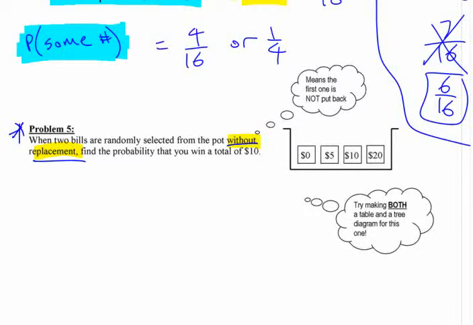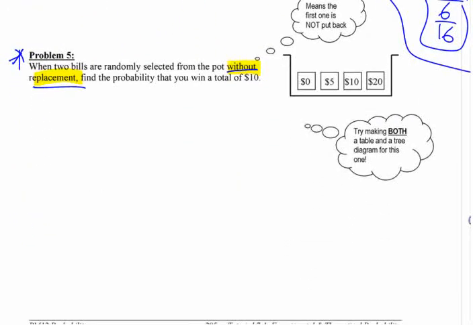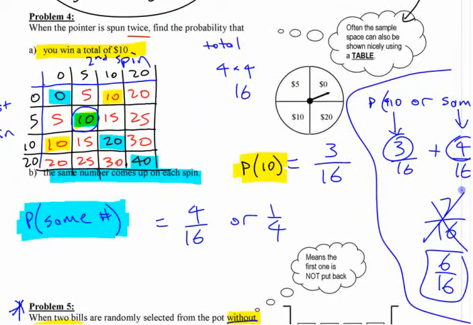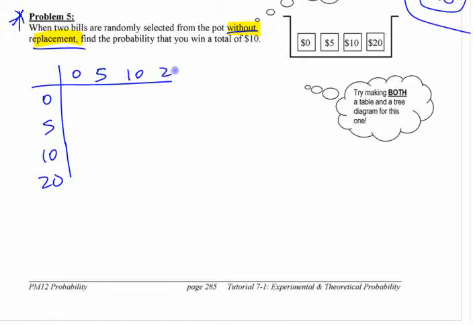You can still make this with a table, all right? Maybe you can just copy and paste your table. I won't make you feel bad by copying and pasting. I'll redo it. 0, 5, 10, 20. 0, 5, 10, 20. Okay, so here's your table.